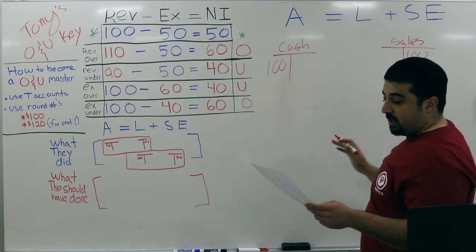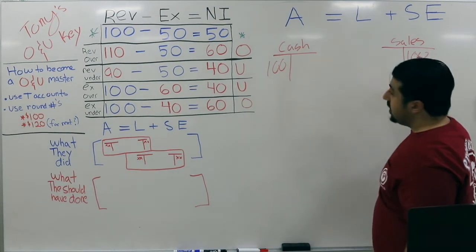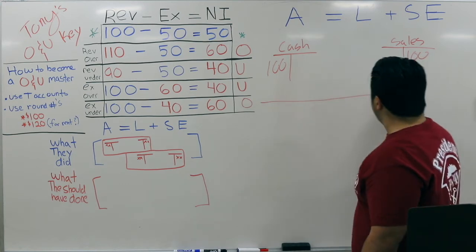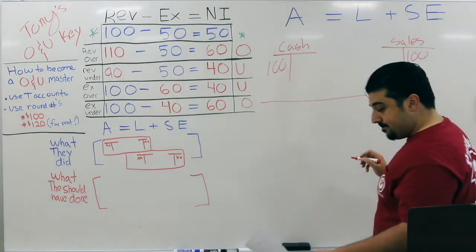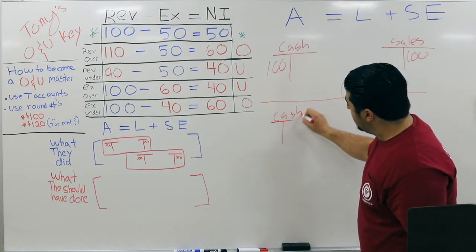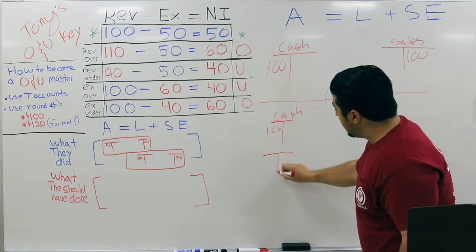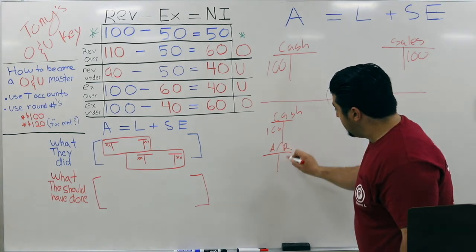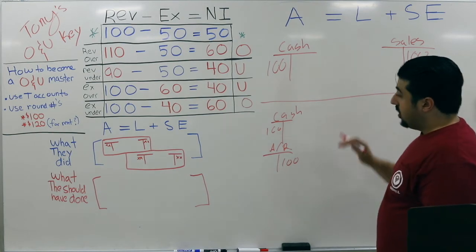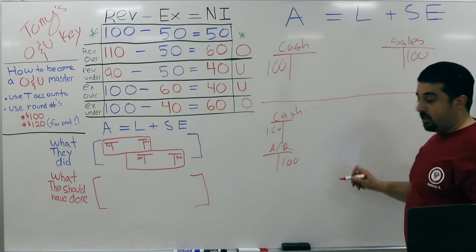Right? But they messed up. They should not record it as sale. So what they should have done is just receive cash, reduce accounts receivable. Alright, so let's go up. So liability.